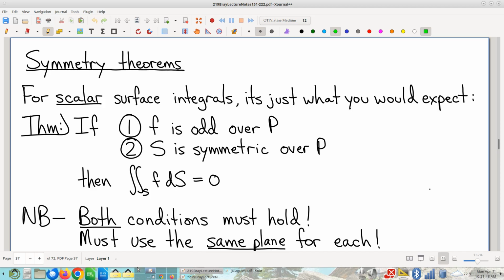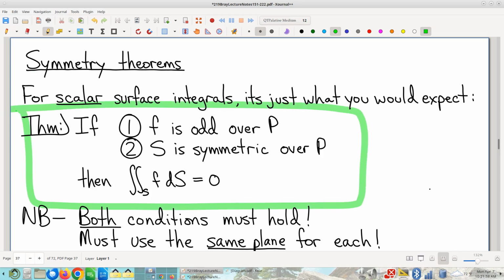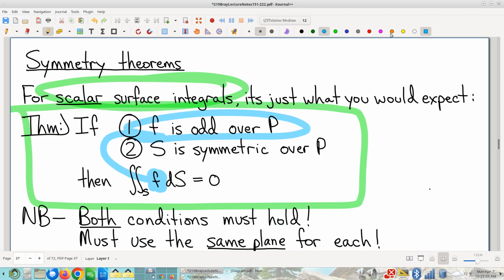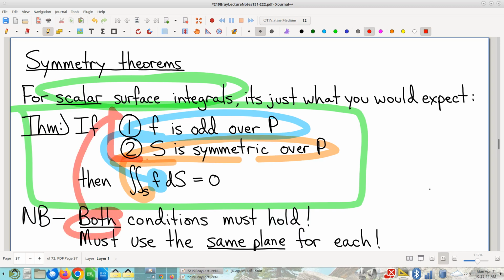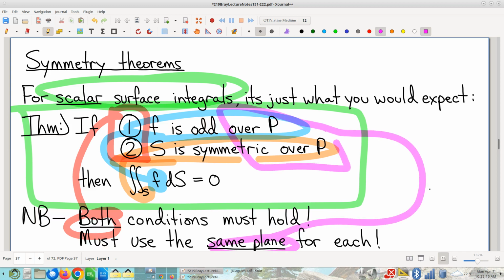All right, hopefully no surprise, we have symmetry that we can take advantage of. Here's another odd symmetry theorem, this one for scalar surface integrals. If your integrand is odd, and if your domain is symmetric, and I emphasize both of these conditions have to apply, and it's got to be the same plane for each.